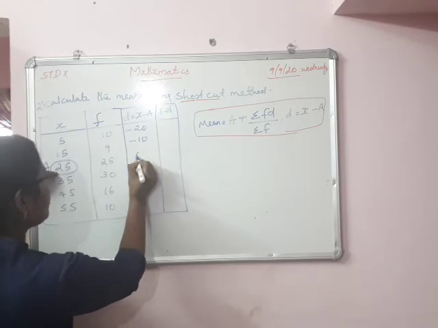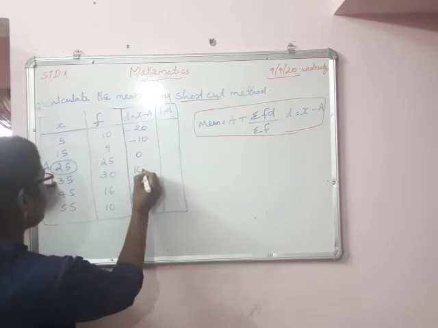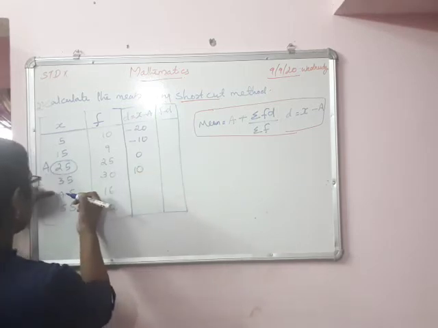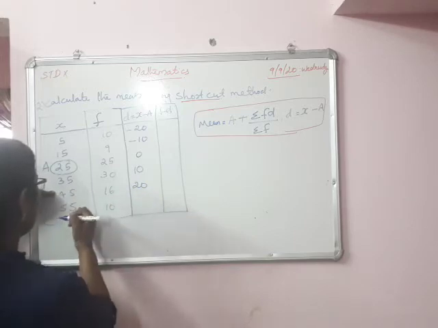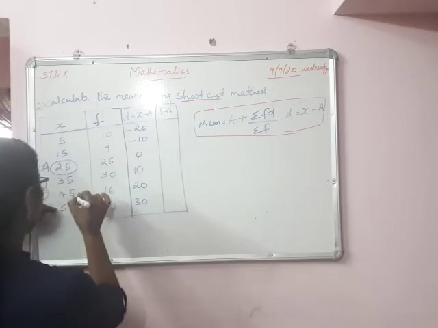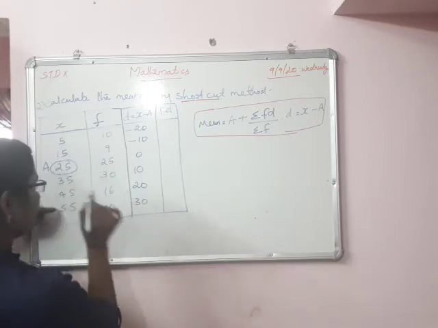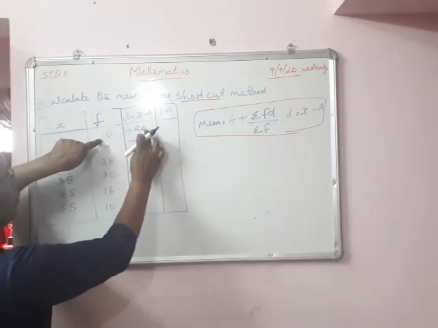Then 25 minus 25 is 0. Then 35 minus 25, 10. Then 45 minus 25, 20. Then 55 minus 25, that is 30. That is D.